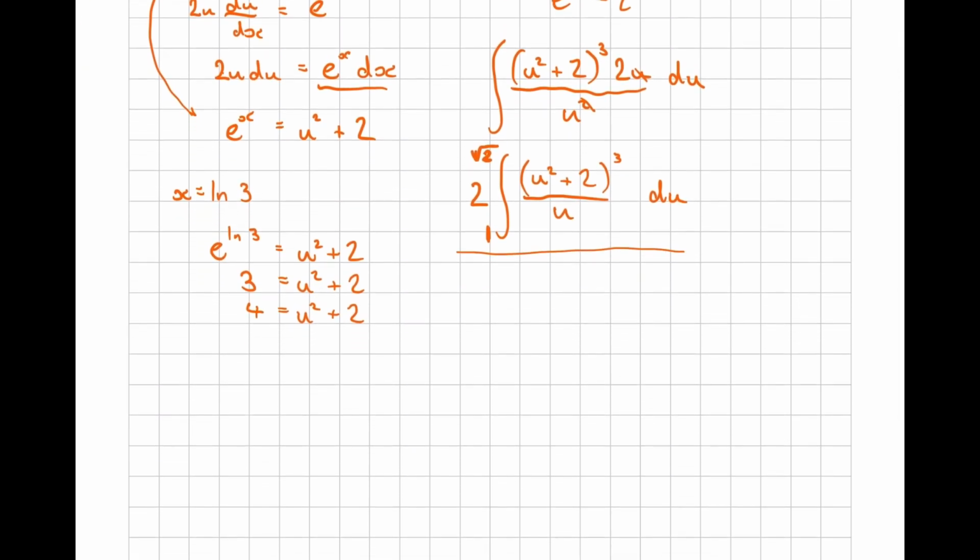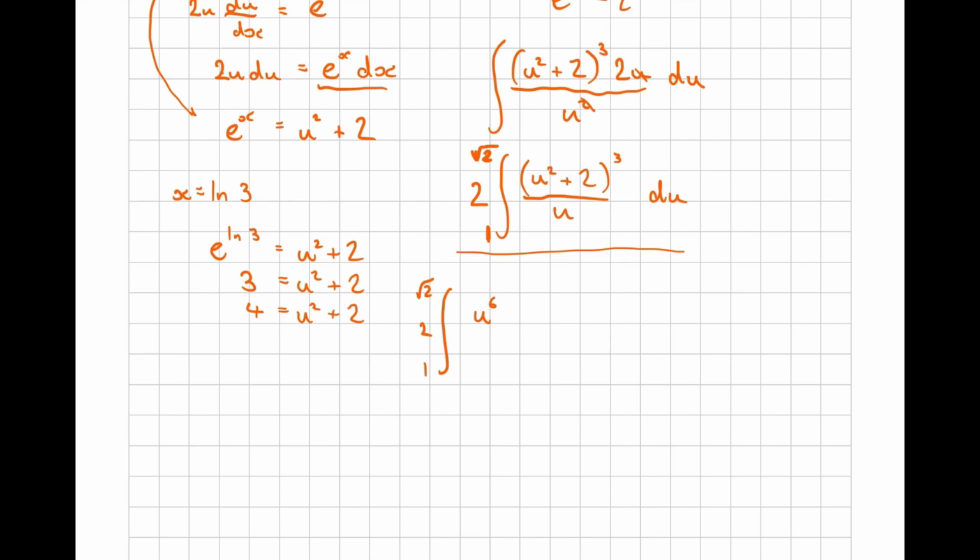Now this is a tough question, that u squared plus 2 all cubed. I'm going to need to use a little bit of binomial expansion to get rid of that. So leaving my 2 on the outside of this integral still, my first term is going to be u squared cubed, which is going to be u to the power 6.